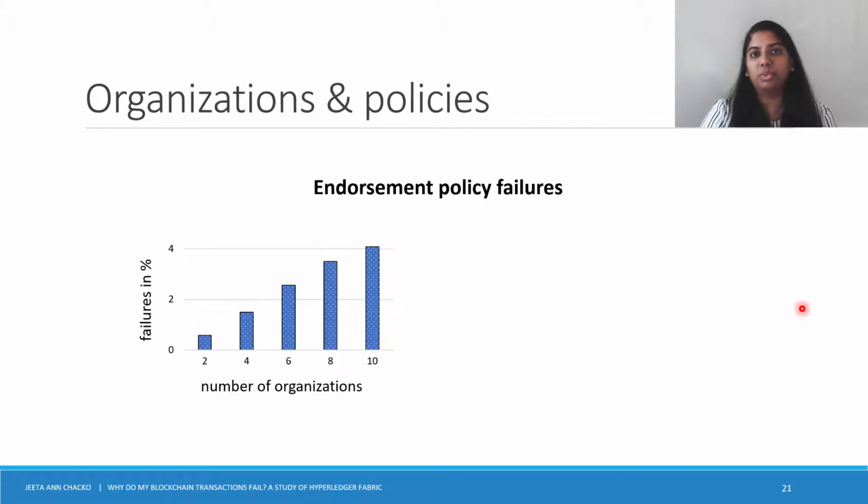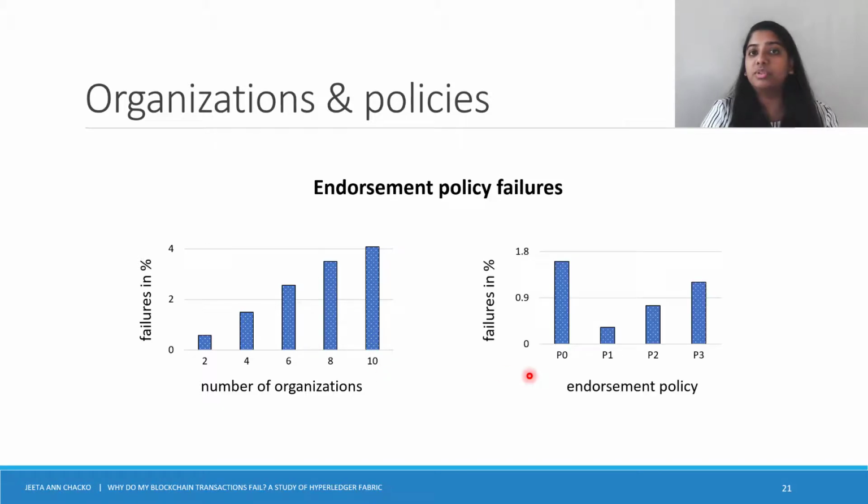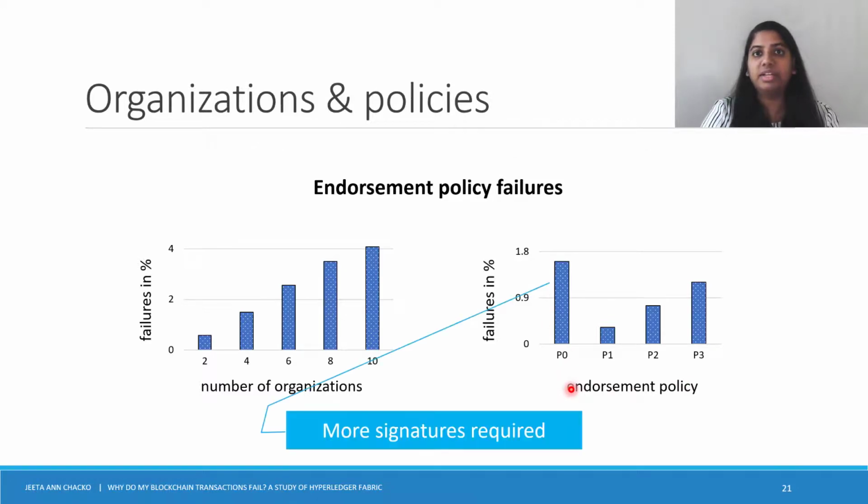Our experiments show that with the increase in the number of organizations, the endorsement policy failures also increase. This is because when the number of organizations increases, of course the number of peers also increases, and therefore the world state has to remain consistent across more peers. With endorsement policies, we see that when more signatures are required, the endorsement policy failures increase.